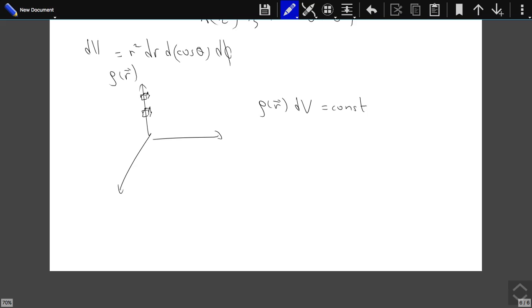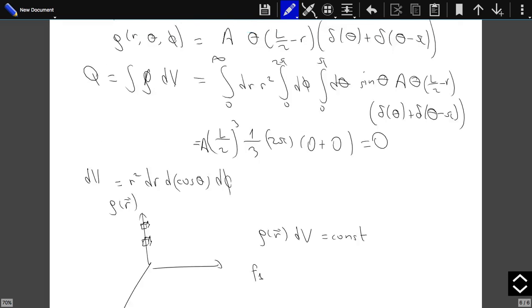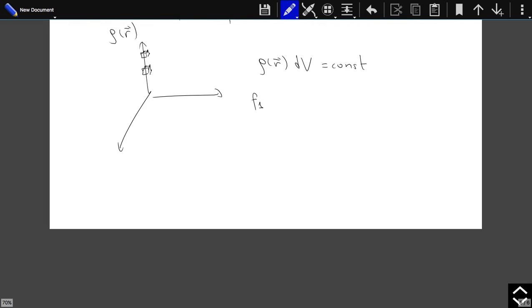So what does this imply? Rho of R, we said, is F1, I'm not writing the arguments of F1, times theta of L over 2 minus R, Dirac delta of theta, plus F2, theta of L over 2 minus R, times Dirac delta of theta minus pi over 2.